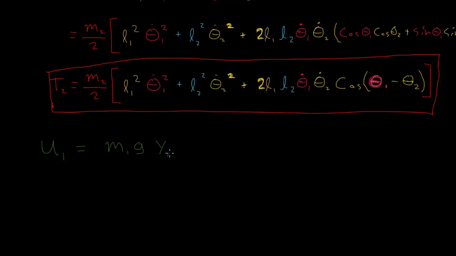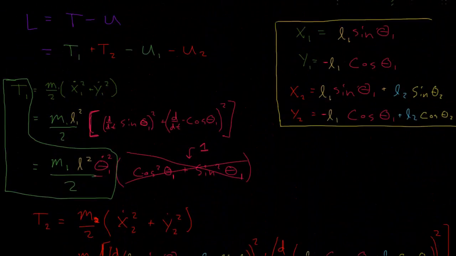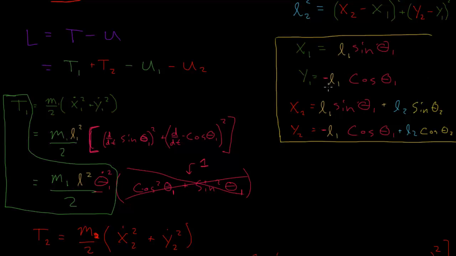This is the potential energy, so height, or y, the position in the vertical direction, because gravity is in the vertical direction. So m g y1. And what is that? We can look and say that we said y1 equals negative L1 cosine theta 1.